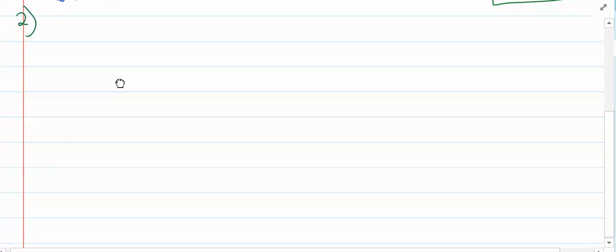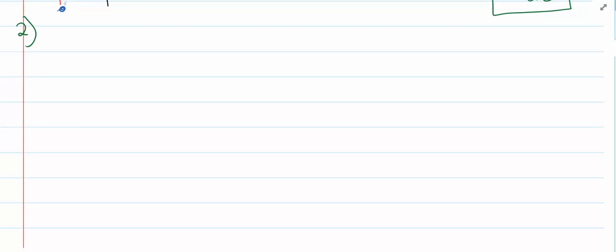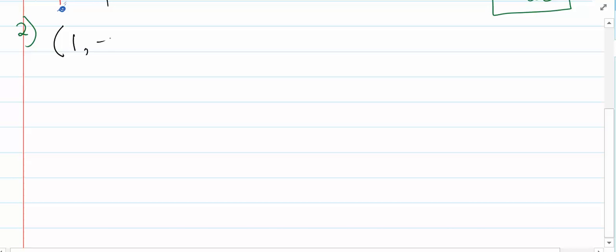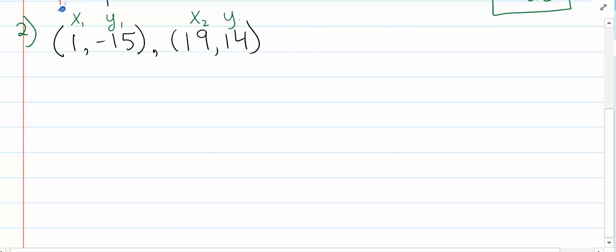All right, so number 2. They gave us the ordered pairs (1, -15) and (19, 14). Again, the first thing is you want to label them. I'm going to label x1, y1, x2, y2. And then remember that we're using the formula m equals y2 minus y1 all over x2 minus x1.